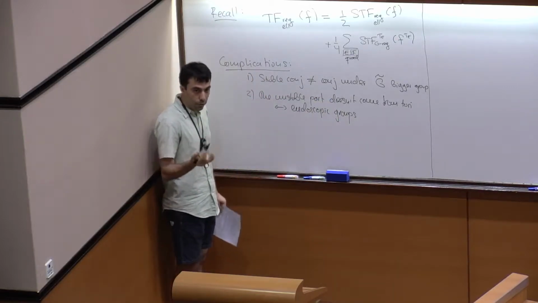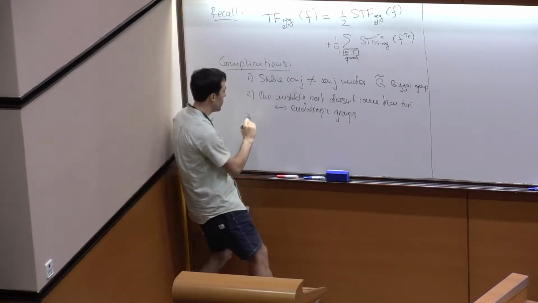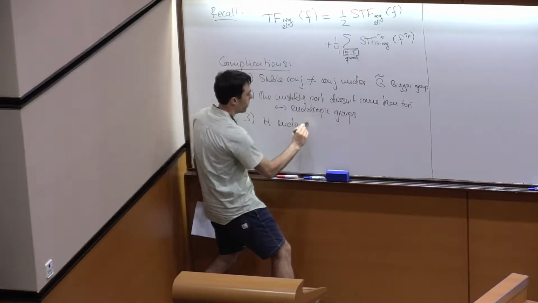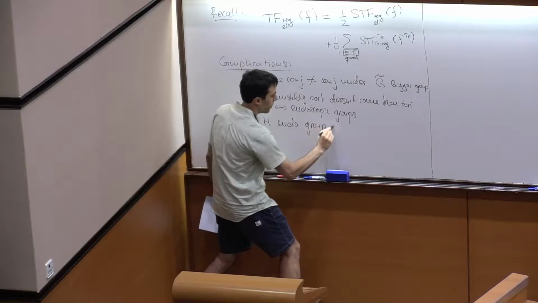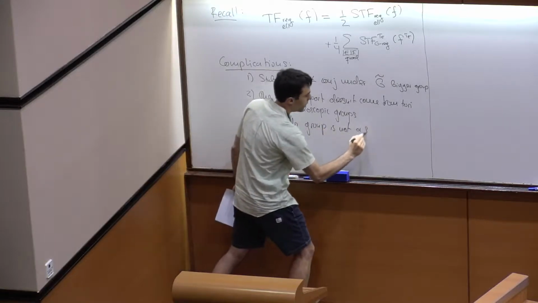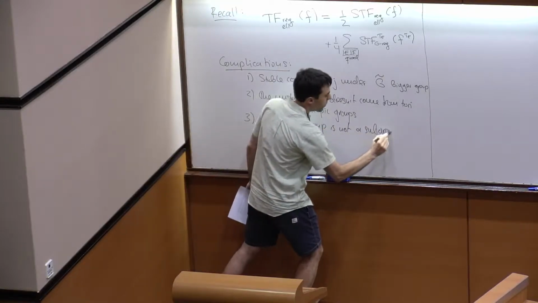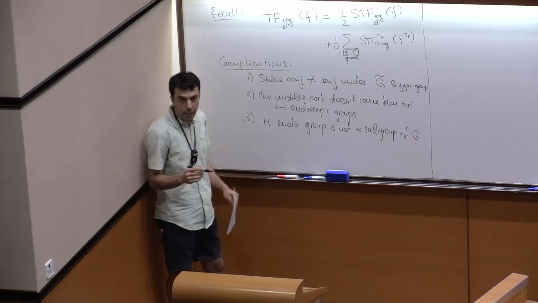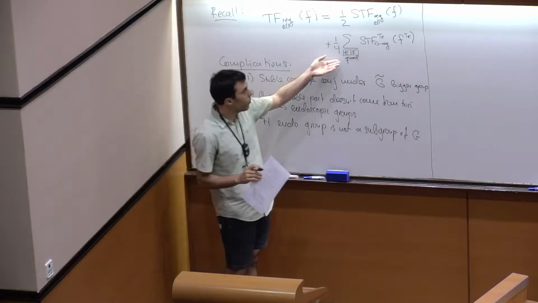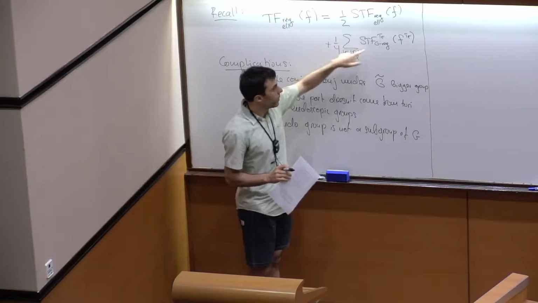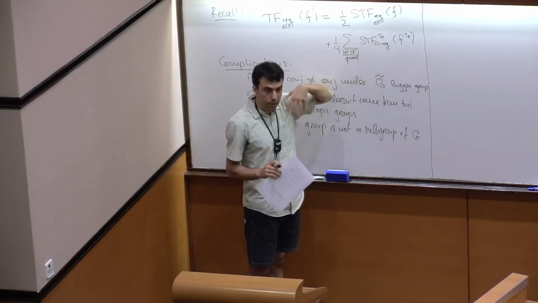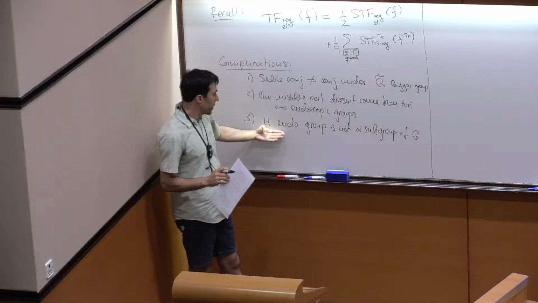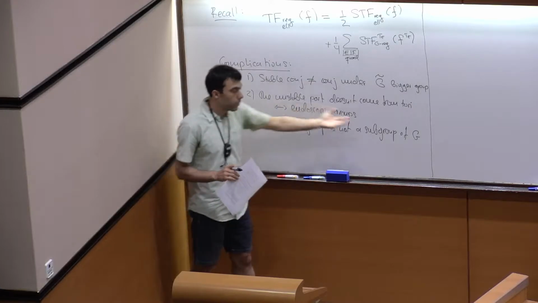And once we introduce what endoscopic groups are, we're going to see that the endoscopic group H is not a subgroup of G in general. Sometimes it may happen by accident, but unlike the case of SL2, where the summands here were indexed by anisotropic tori, these were subgroups of SL2. Now the summands will be indexed by some smaller dimensional groups, which are not subgroups of G.